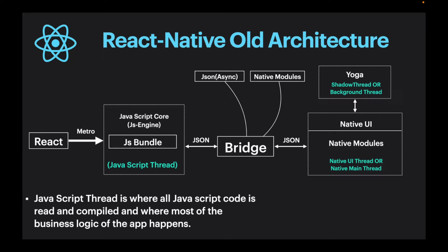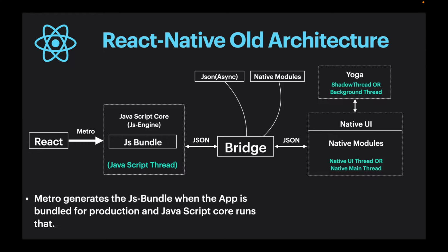The JavaScript thread is where all JavaScript code is read and compiled, and where most of the business logic of the app happens. All the logic of the application we write in the JavaScript thread. Here we use Metro to generate the JS bundle when the app is bundled for production, and JavaScript code runs from that.